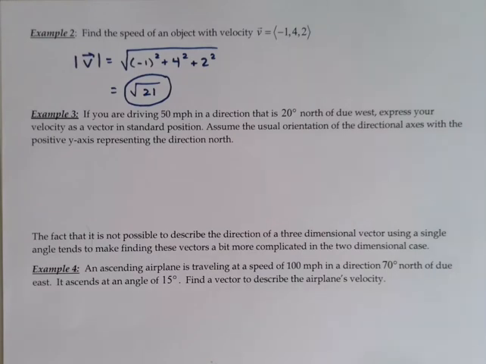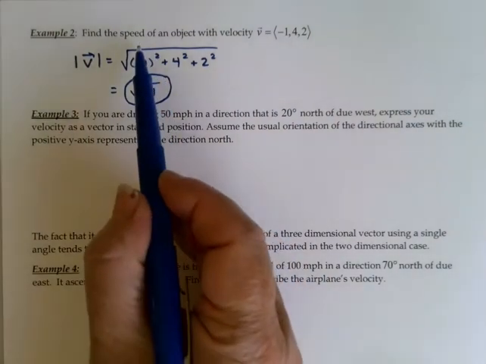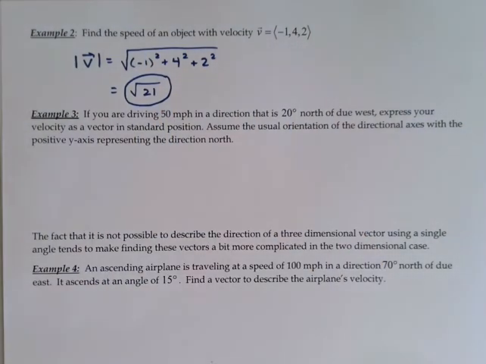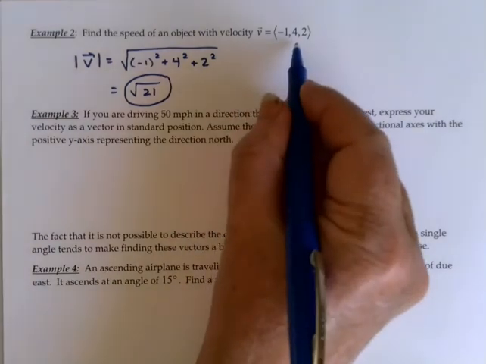In terms of an angle, there's so many different angles with respect to, for example, the x-axis, since we're now three-dimensional, that I can't really define it that way. There is something called a set of direction cosines that talks about the cosine of the angle with respect to each coordinate axis, but in fact it doesn't really give us any better information, in my opinion, than the vector itself. So I may ask for the speed given a three-dimensional velocity vector, but I won't ask for the direction other than the vector itself.